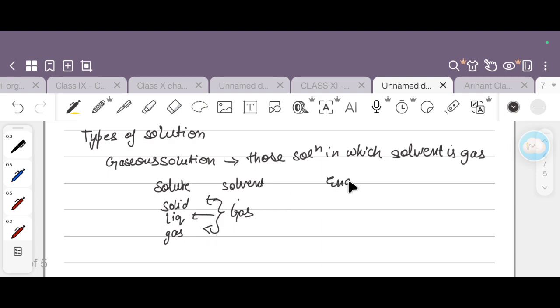Some examples: solid dissolved in gas, like iodine vapors in air, dust or smoke, etc. Liquid dissolved in gas, water vapors in air. And gas dissolved in gas is air.